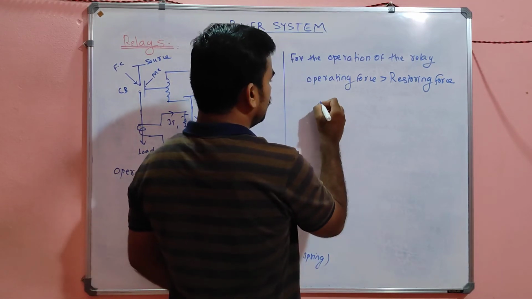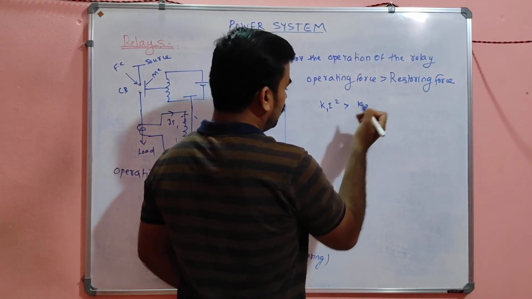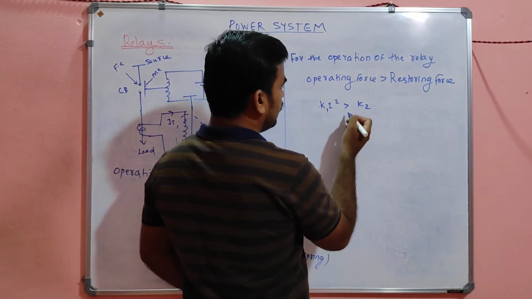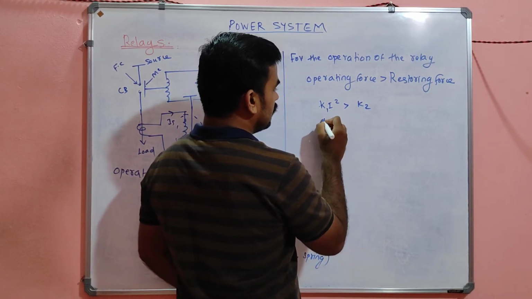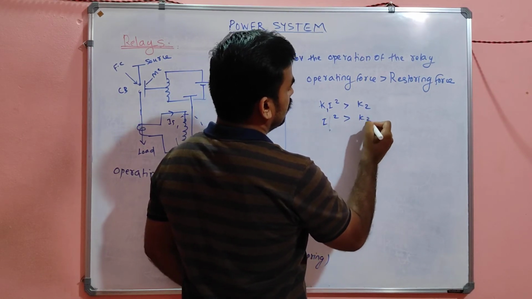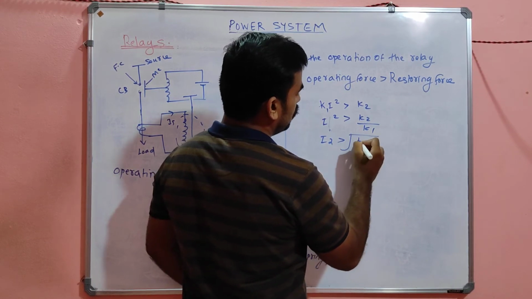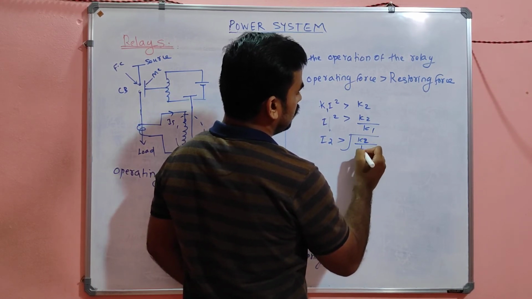That means nothing but, my dear, K1 into I square greater than K2. Or I can say that I square greater than K2 by K1, simply I2 greater than root of K2 by K1.